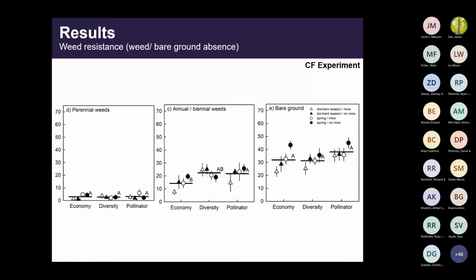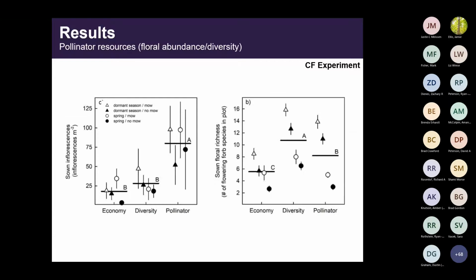Now with mowing, we found that annual weed cover was reduced and bare ground cover was reduced. And with dormant season planting, you can't quite see that very well with this graph, but it did reduce perennial weed and bare ground cover, as far as the statistics were concerned.